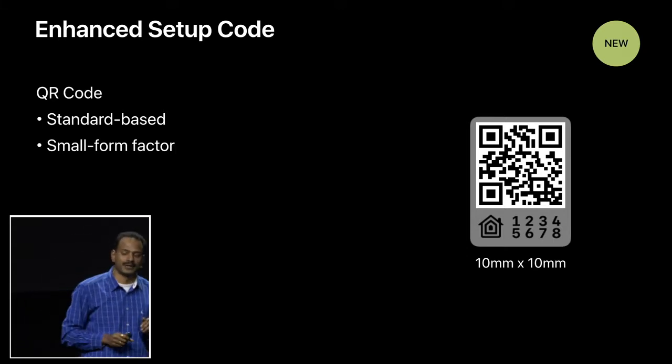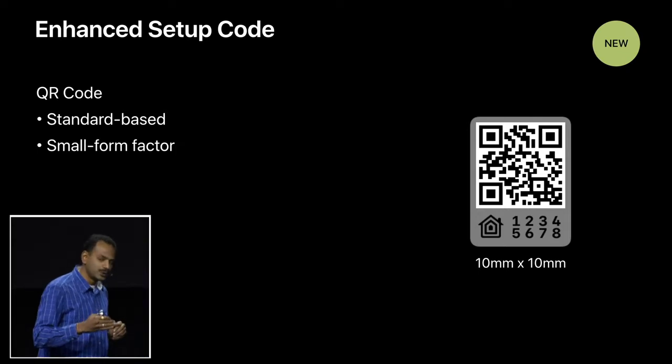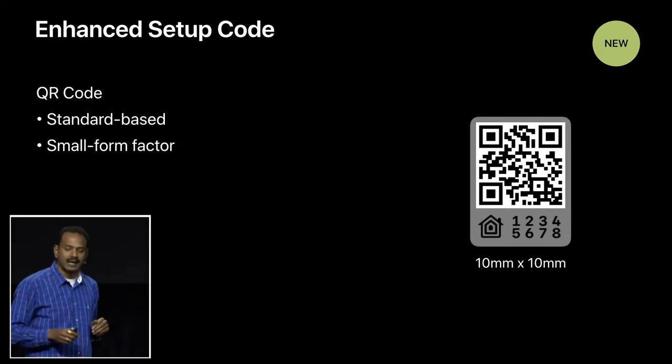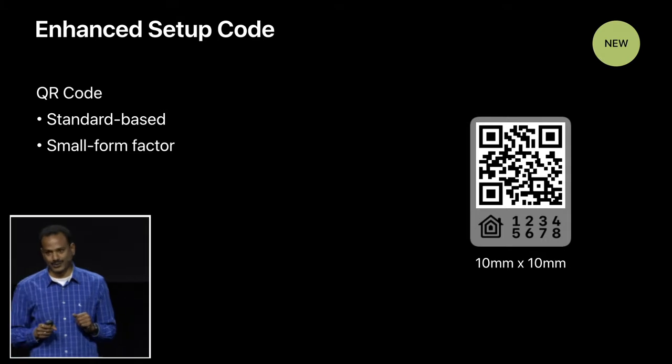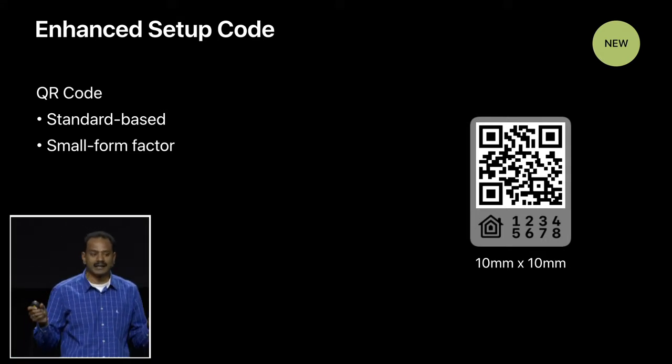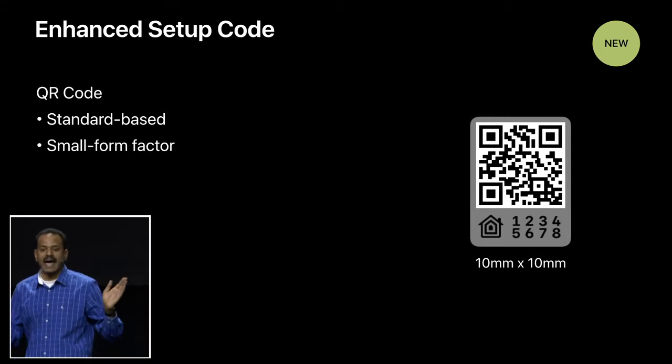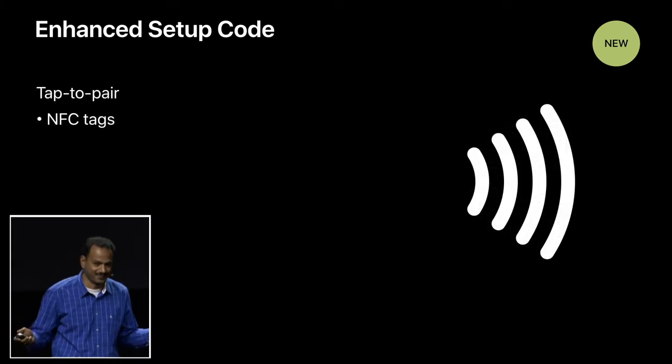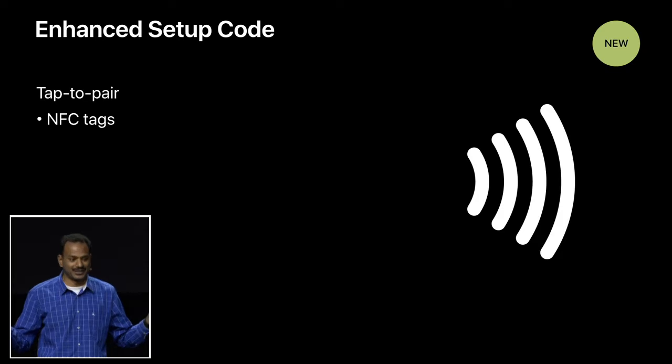But we didn't stop there. We took one step further. In addition to supporting QR codes, we also added support for NFC tags. And we are really excited about this.